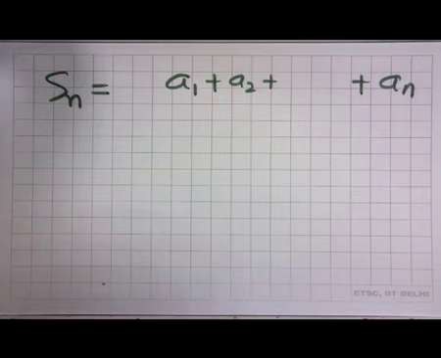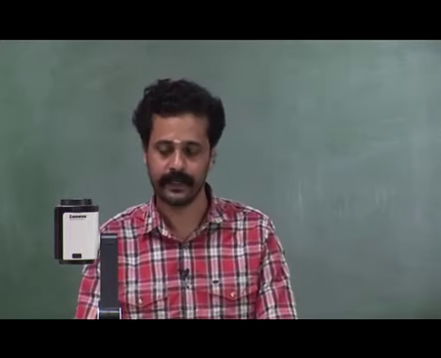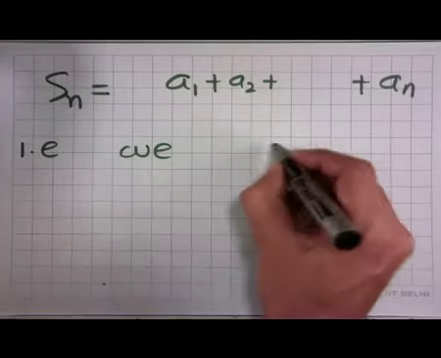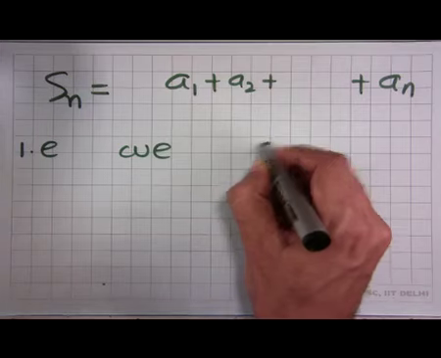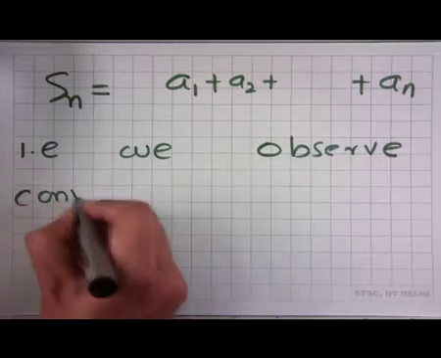Next, we observe what happens to Sn as n becomes larger and larger. That is, we observe convergence or divergence of Sn.